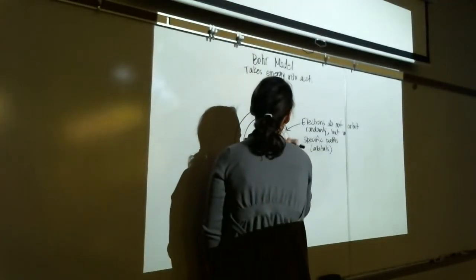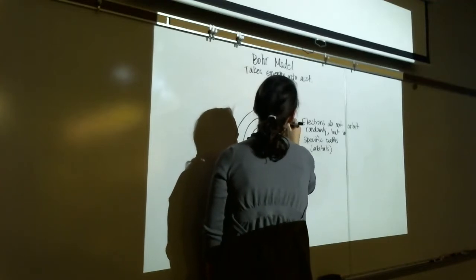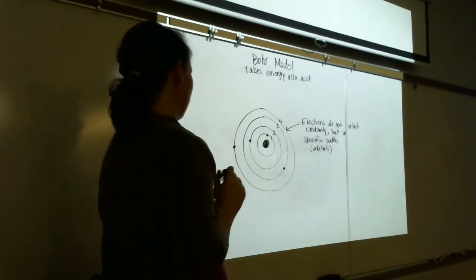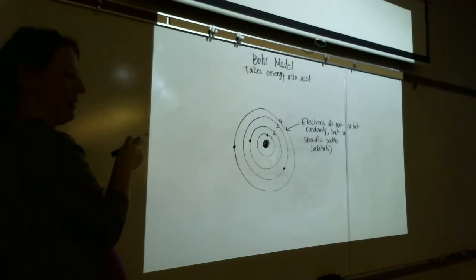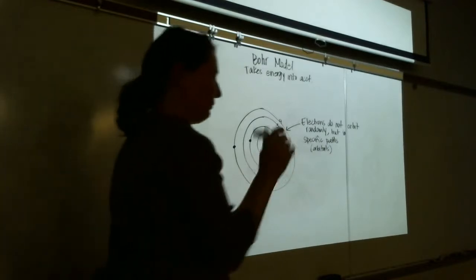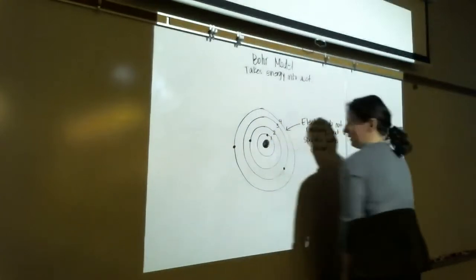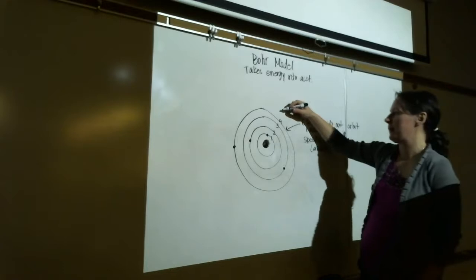So this is the first energy level, this is the second energy level, this is the third energy level, this is the fourth energy level. You can tell I'm so good at drawing circles, right? If your circles look as bad as mine, that's okay. We're not here to get out our geometric scrupulosity. So there's an energy associated with each one.